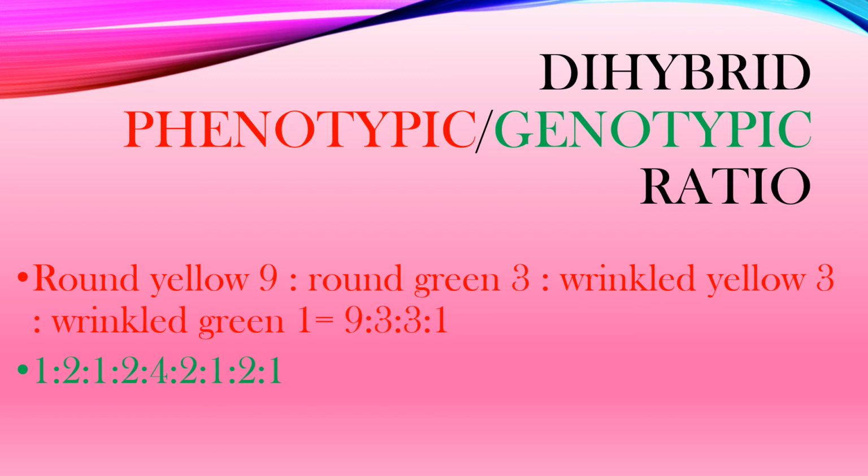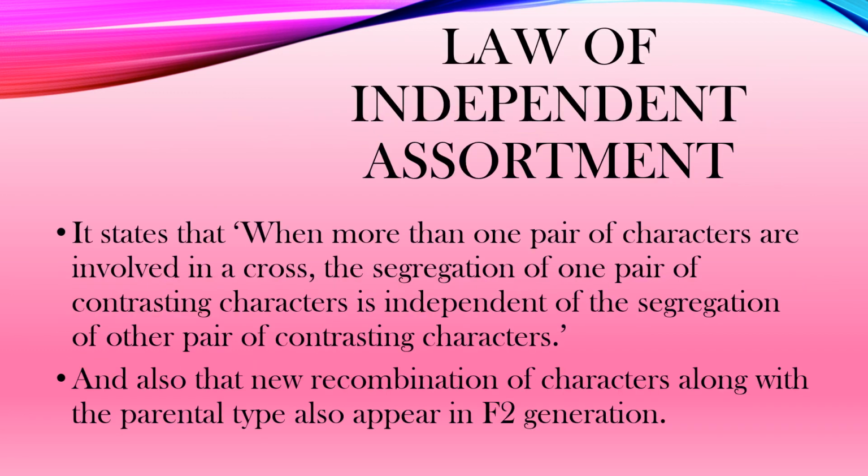The phenotypic ratio is 9:3:3:1, whereas the genotypic ratio is 1:2:2:4:2:1:2:1:1. But you have to focus on the phenotypic ratio, 9:3:3:1. This is important to keep in mind. In the monohybrid cross, it was 3:1 only. You should know the phenotypic ratios.